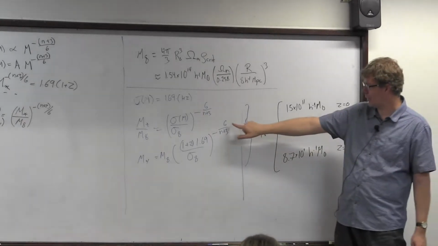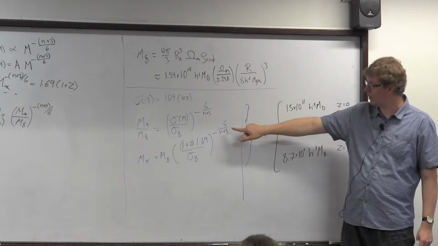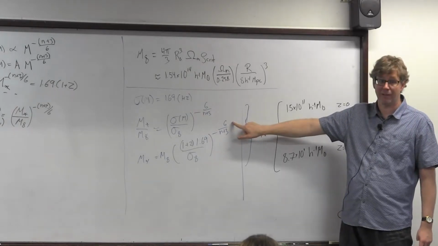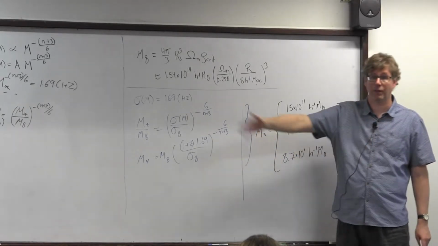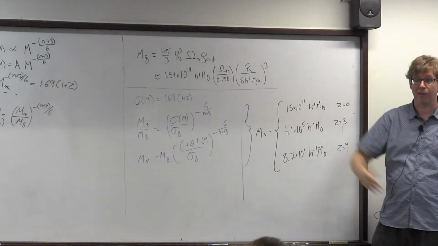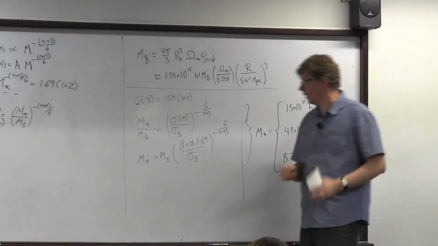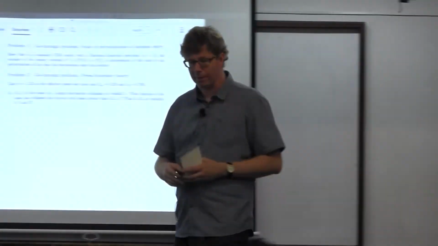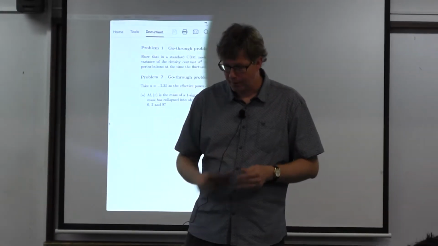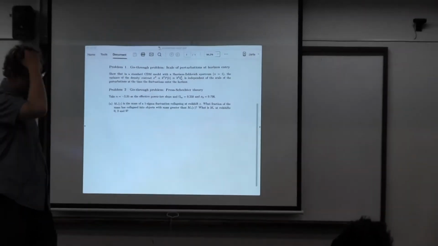And that's because this is a 6 divided by a number that's typically less than 1. So the exponent is going to be bigger than 6. So there's a big dependency on redshift here. So the mass of the halos actually changes significantly with redshift. And this then tells you, normally we use something, say 3 sigma, as a more useful number, but it tells you a typical scale of galaxy formation.